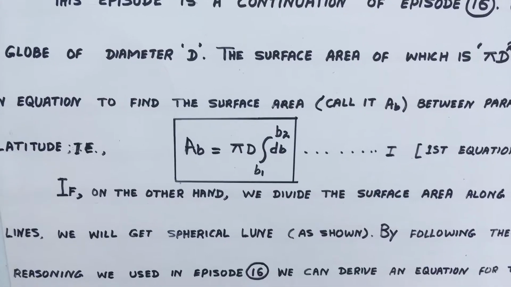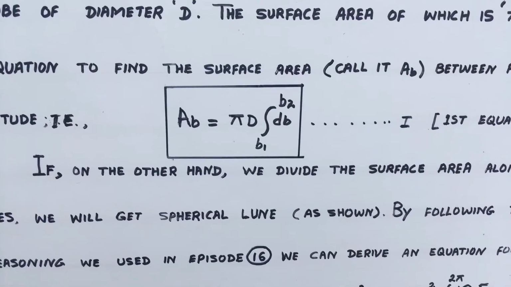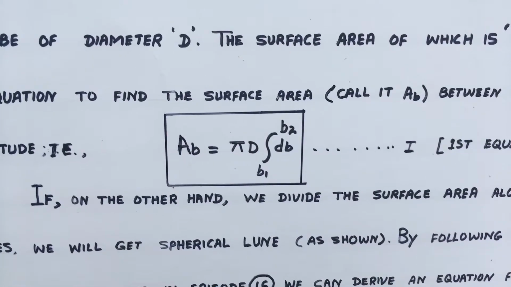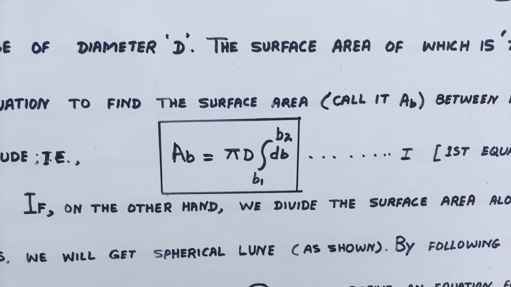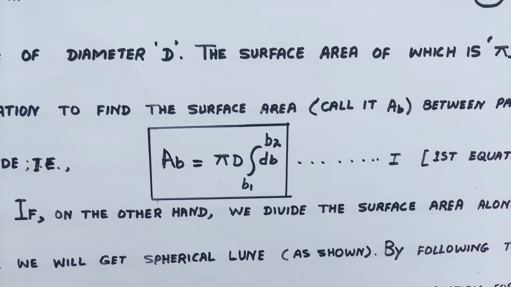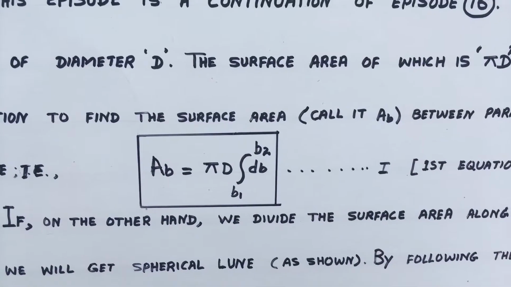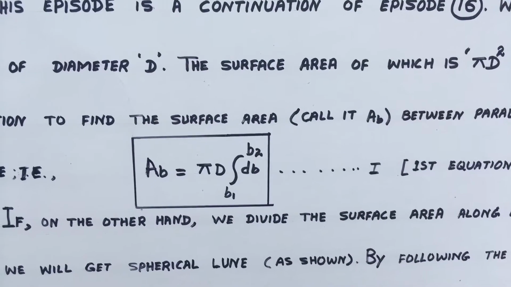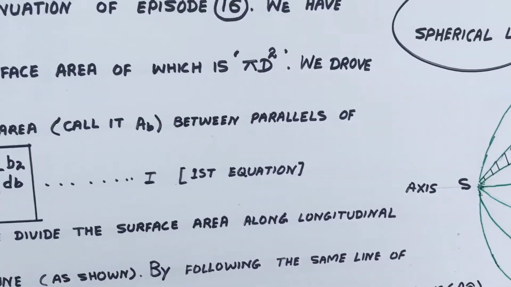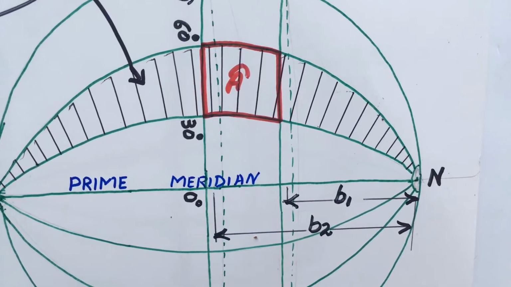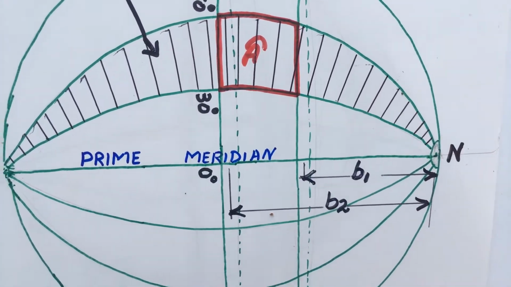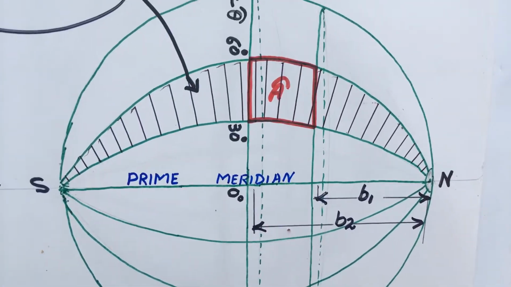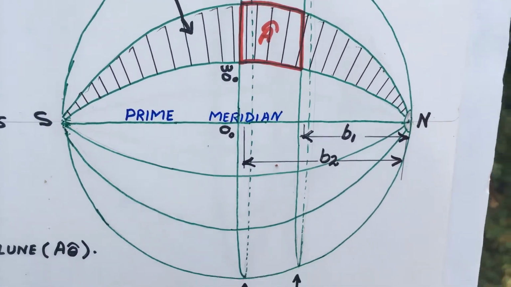The equation we derived is this one, where AB is the area between two latitudes, equal to pi d times the integral from b1 to b2, and this is b1 and b2. So the area of latitude is between these two parallel latitudes.